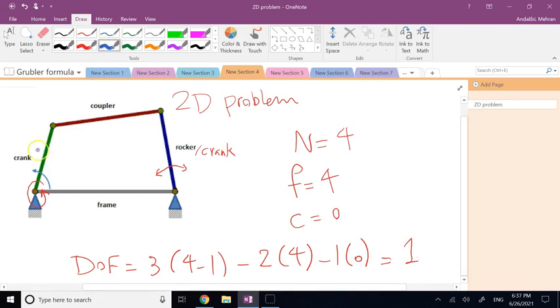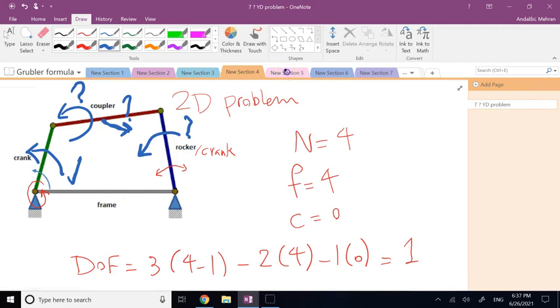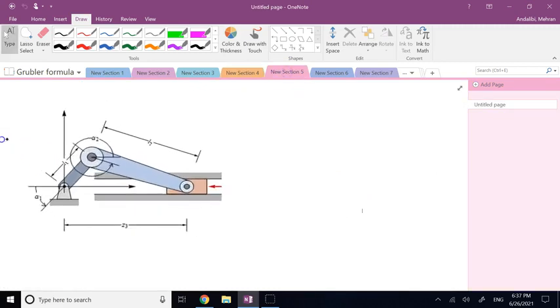It means if I know the angle, or omega, or RPM of the input link, then I can definitely determine analytically the RPM of the output link, as well as the RPM and the translation of the coupler link. Okay, so all I need is this one. Once I know this one, then everything else is going to be determined based on the geometry of this guy.